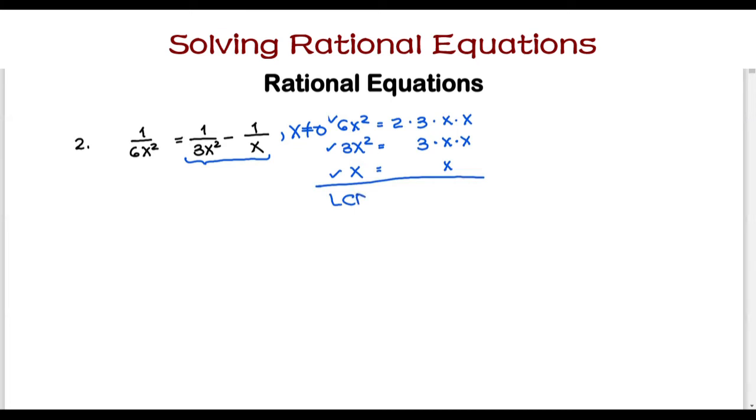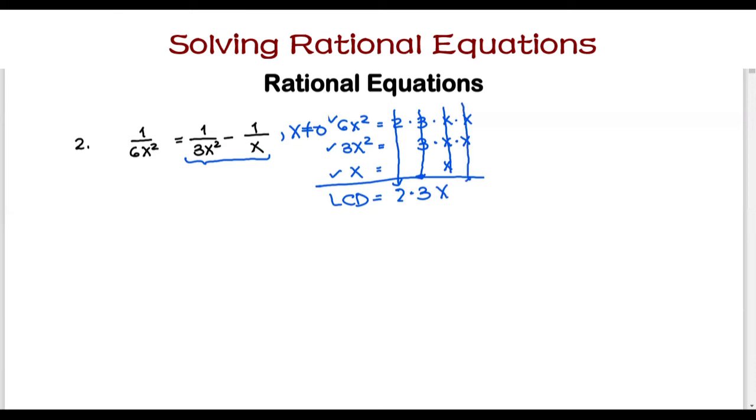Ang LCD ay, i-bring down ninyo lahat ng column. Okay, what do I mean by that? Kunyari ito, column nito for 2. So, ibababa natin. So, meron tayong 2. Next, ibababa natin to. So this one is for column 3. Ito naman, para sa isang x.